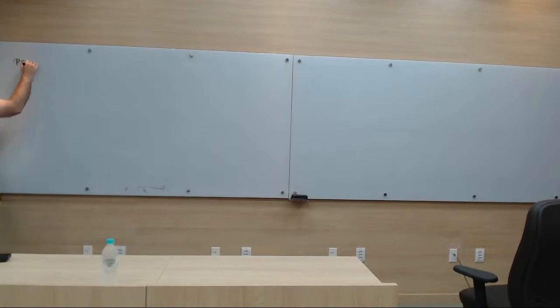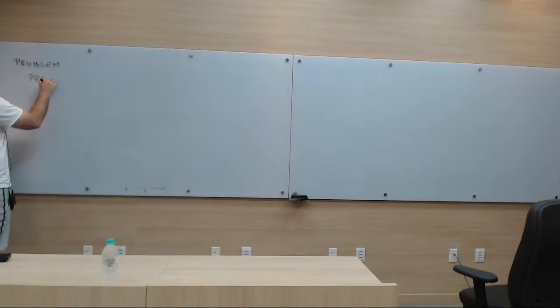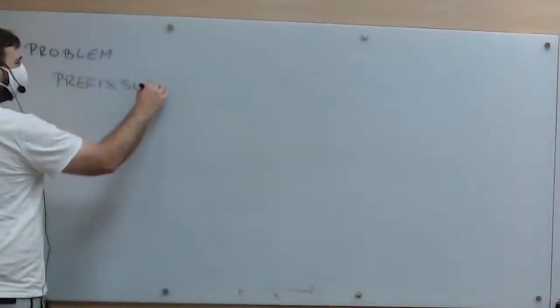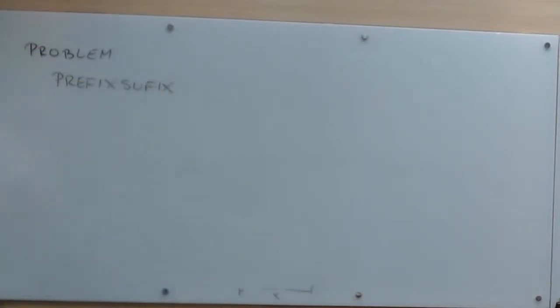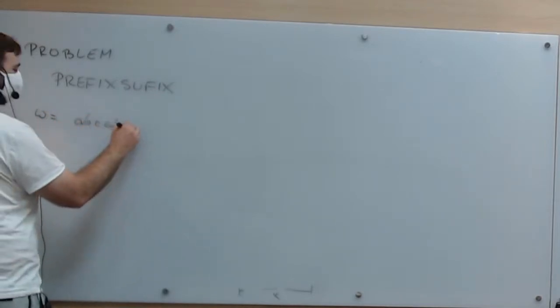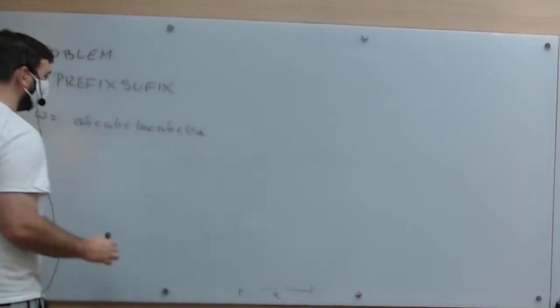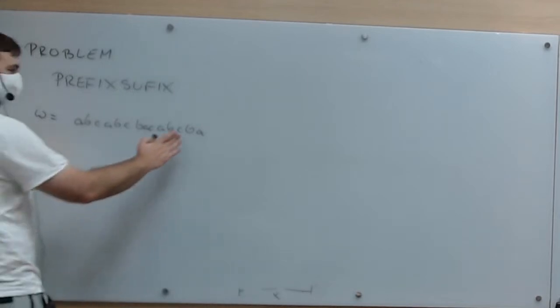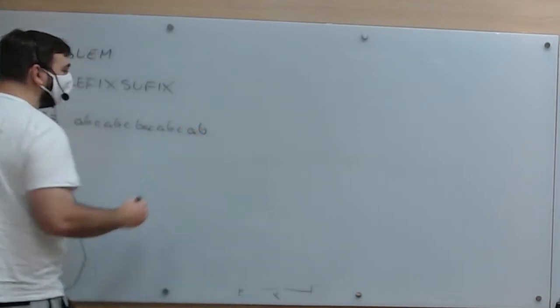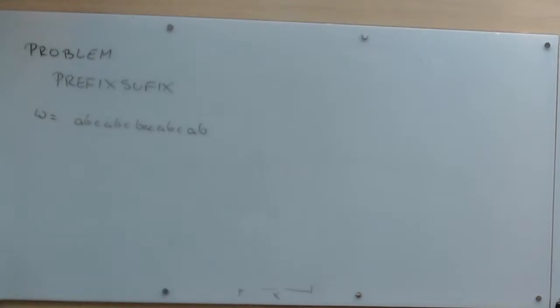Okay, the first one, let's start with the easier one. If you remember, the easier one was prefix suffix. The goal was, given some word, like A, B, C, A, B, C, B, A, B, A, B, B, A, C, A, B, to find the longest prefix suffix, or border, of this word, but we allowed the border to be cyclically equivalent.